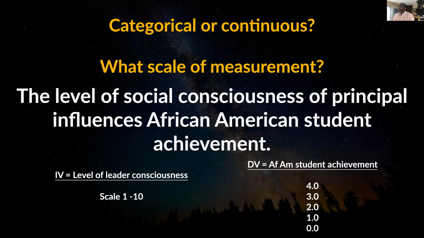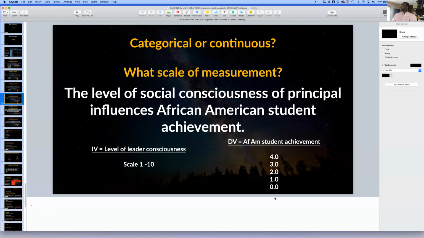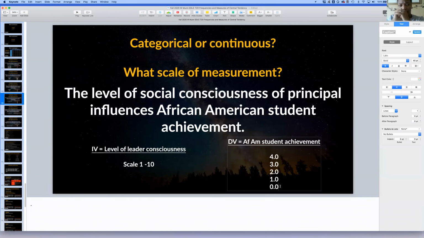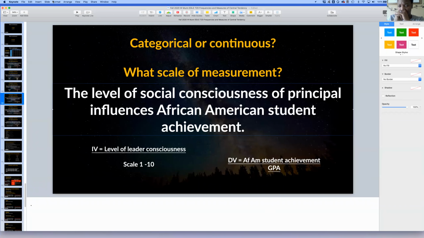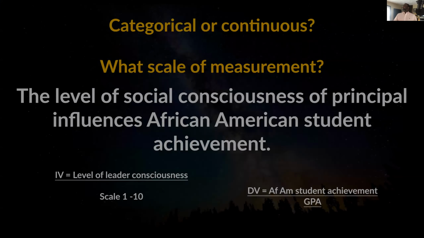If I have 0 there, does that mean that leader has no consciousness? No. Right. So that would be a what? Interval. Absolutely. And if we take this out and just say GPA, because I'm not going to make that mistake again.